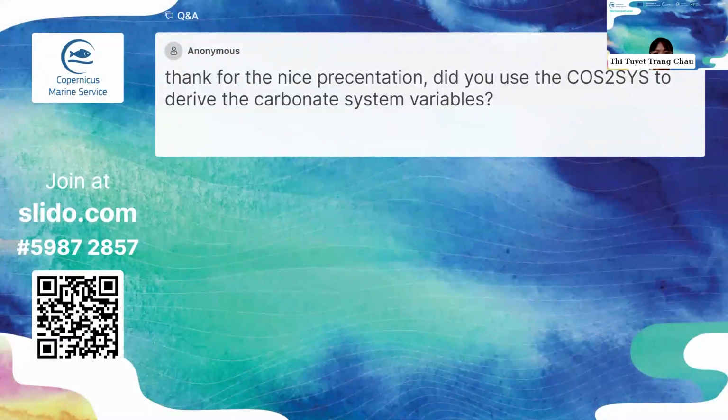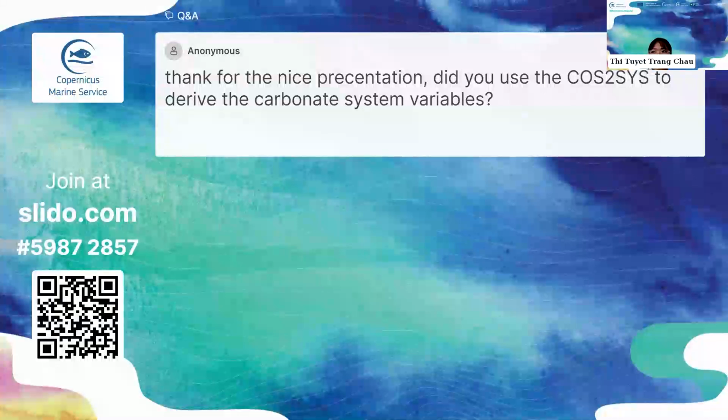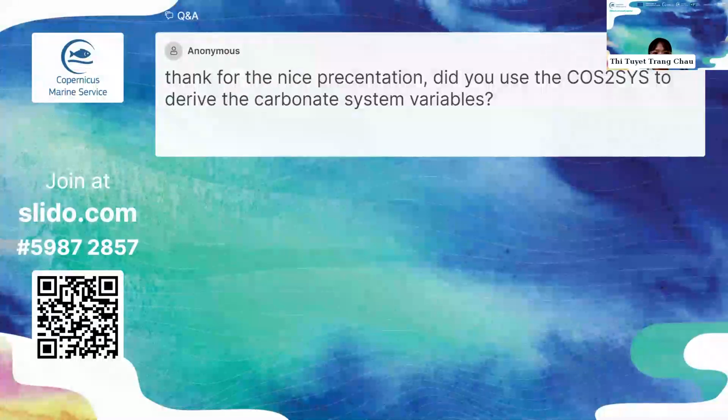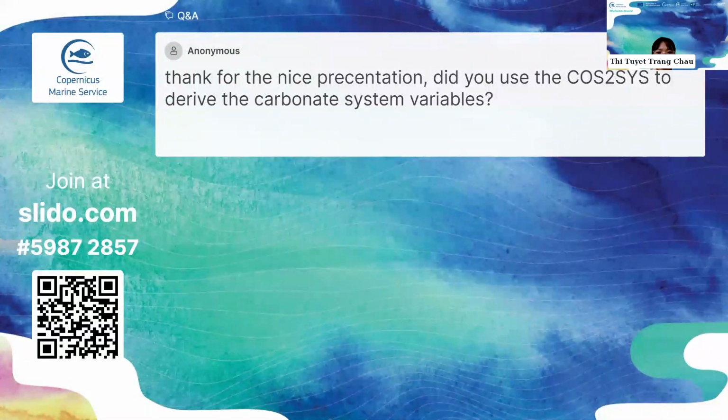Starting from the reconstructed pCO2 field, we use CO2SYS and other parameters like surface temperature, surface salinity, and nutrients also. And then we compute other carbonate variables like alkalinity, inorganic carbon, omegas, etc.